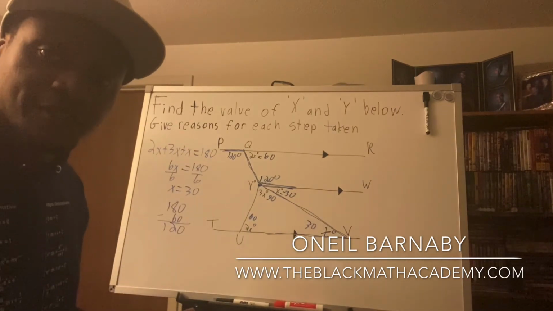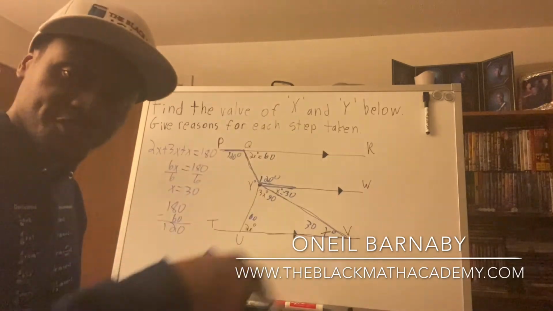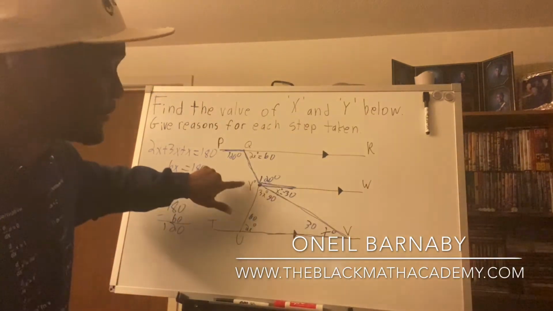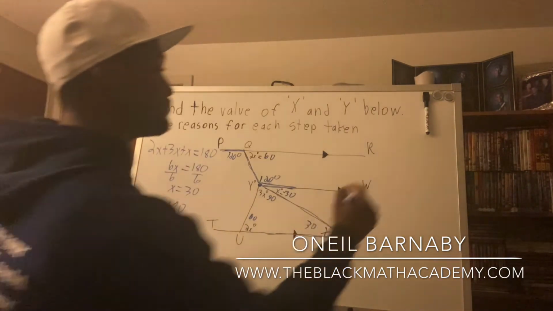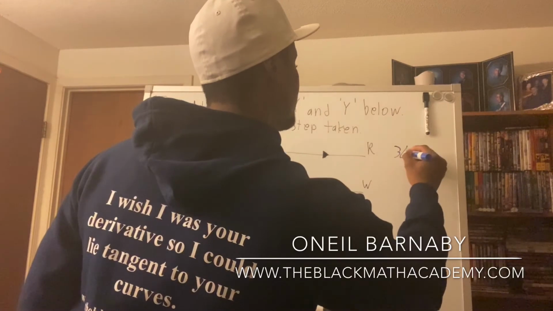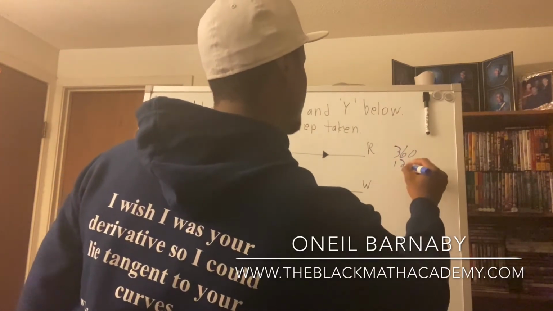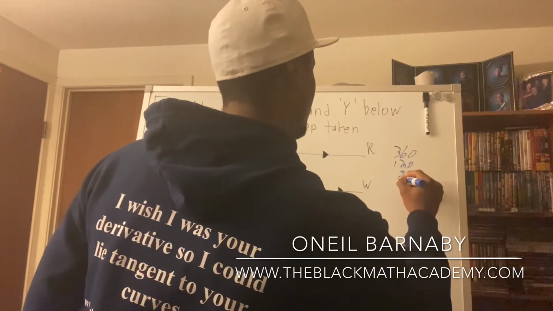So we can set this up into another equation where 360 is the total, and what we're going to do is subtract the values that we know to find out what we don't know. So 360 minus 120 minus 90 minus 30.